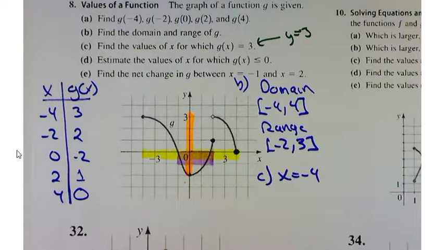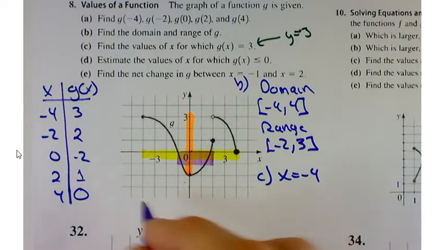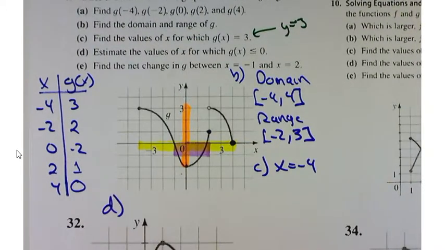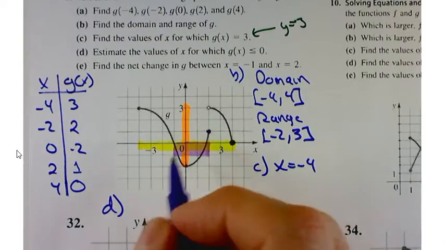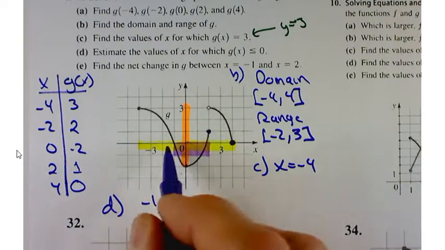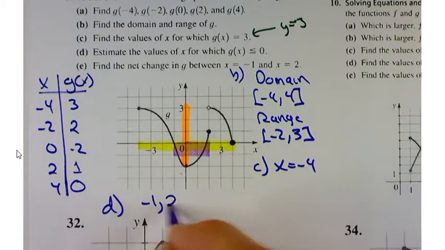In terms of the values for which g of x is less than or equal to 0, they're looking for the x values. So what should I put there? What should I list as my answer for part D? Well, where does it start? Along the x-axis, it starts at -1 up to 2.